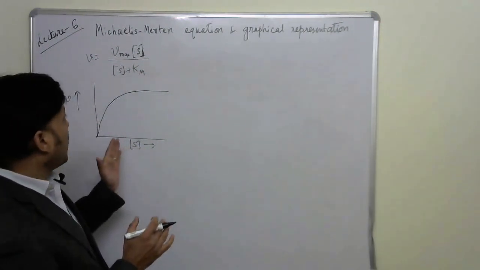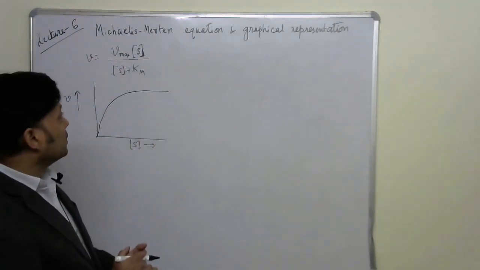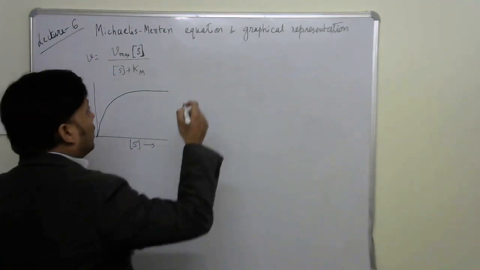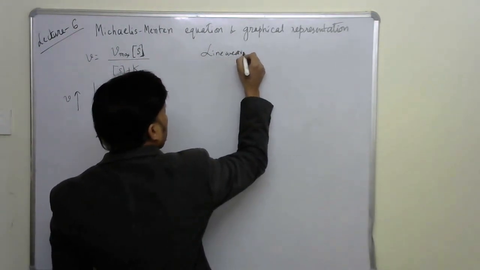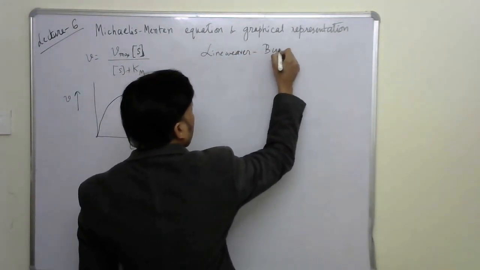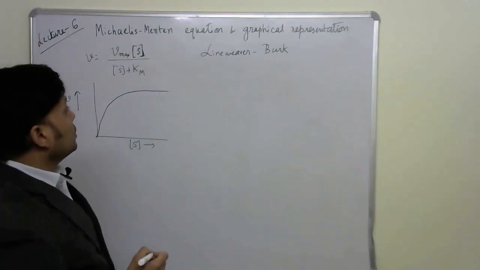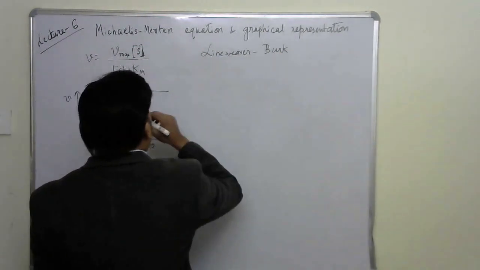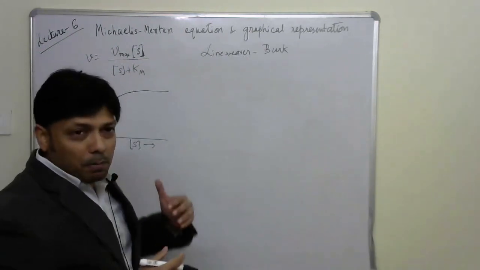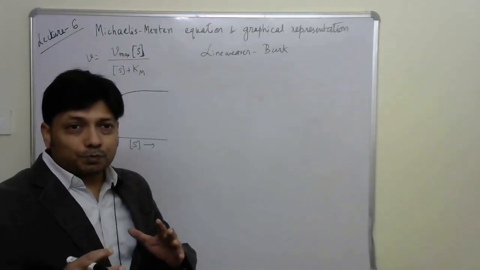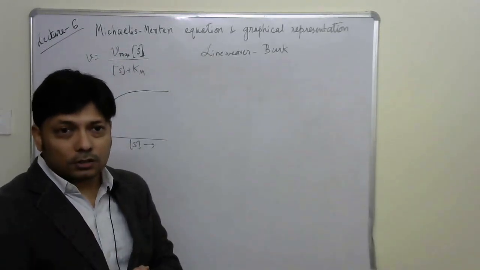So what actually was done, two scientists, one of them was Lineweaver and another person was known as Burk. These Lineweaver and Burk introduced a new form of the Michaelis-Menten equation in order to obtain a much easier graph plot.